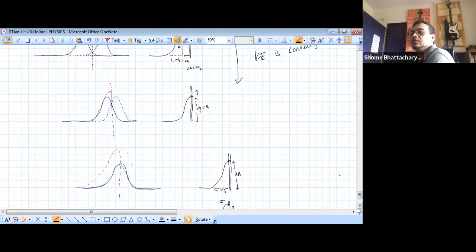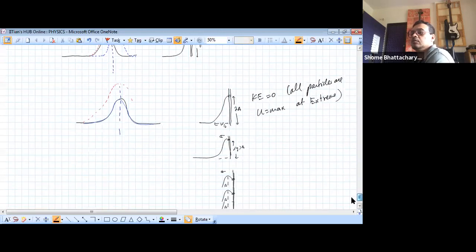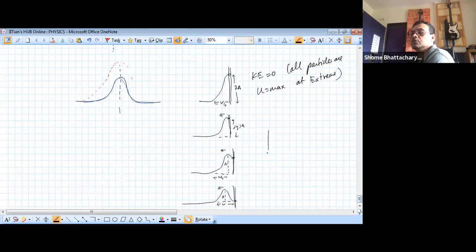So by the time we reach this picture, where this has become 2A, the kinetic energy has become 0, because all particles are momentarily at the extreme position, at their highest point. Okay, and potential energy is maximum. And from this picture onwards, again, potential converts to kinetic because there's a lot of stretch.